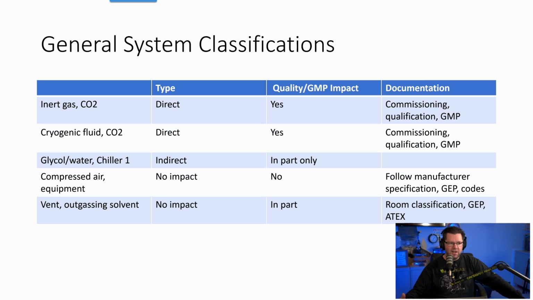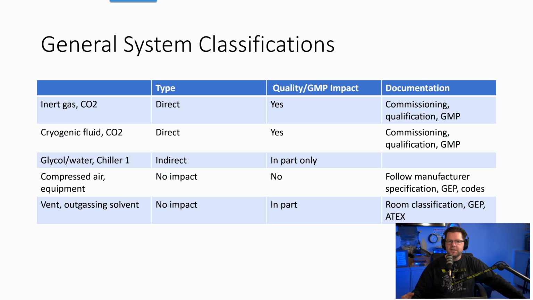As you go down the line, I gave you some examples of utilities that would have no impact, like compressed air going onto your equipment, right? It may have a specification, like it has to be at 80 PSI, it has to be dry air going in there, something along those lines.